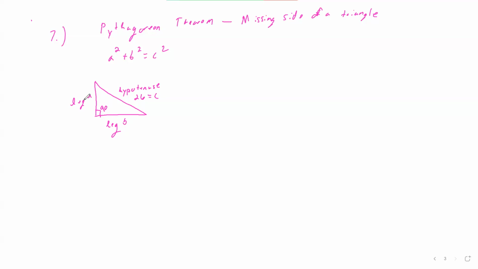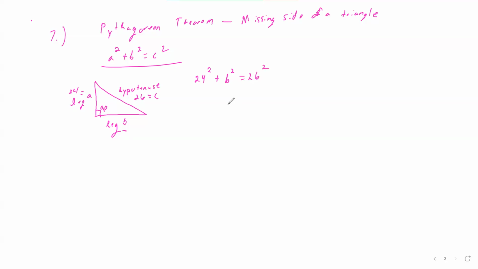But that now means you're solving for B. If I would have let B be 24, then I'd be solving for A, but I'm still solving for a missing side. So I'm going to plug it into this equation. I get 24 squared plus B squared, you could change it to an X if you would like, equals 26 squared.